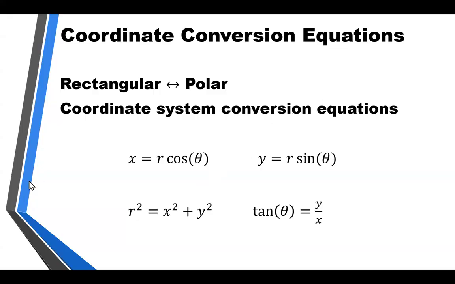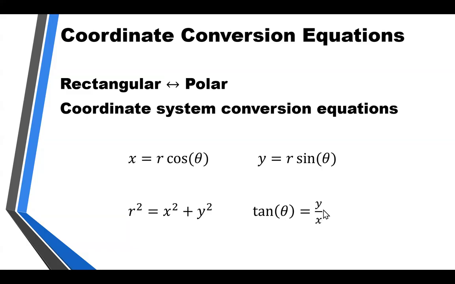That's essentially what this next slide says. If we want to go back and forth between rectangular and polar, if you're given polar, r times cosine theta is going to be the x value, r times sine of theta is going to be the y value. And then if you wanted to find r, usually we write the equation like this, r squared is equal to x squared plus y squared. If we want to find theta, we know that the tangent of theta is y over x.